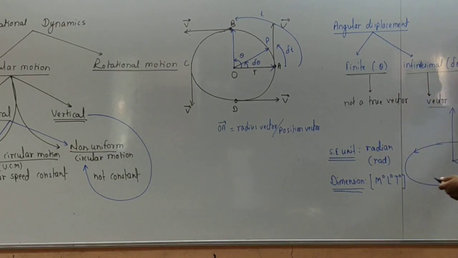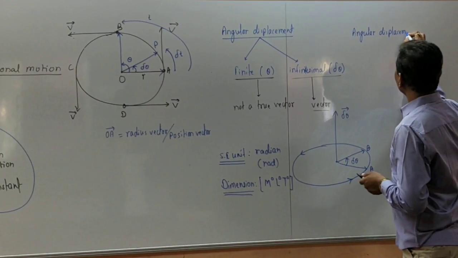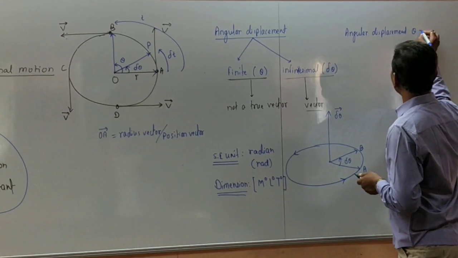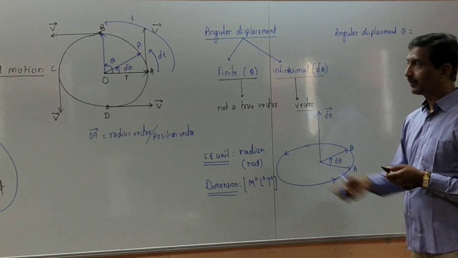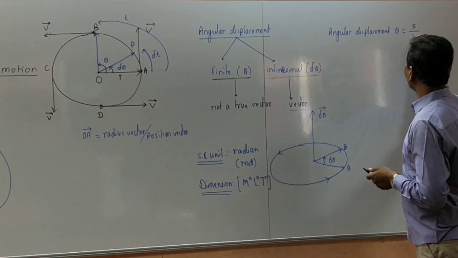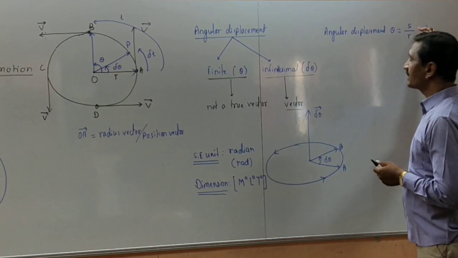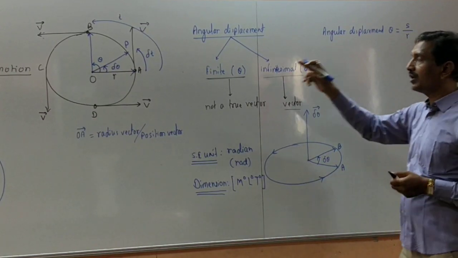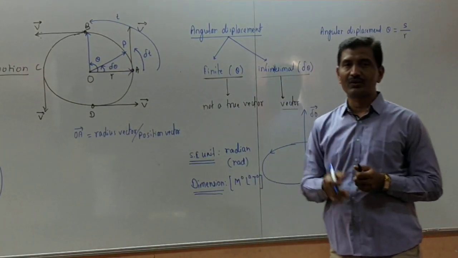By using that, we get the formula for angular displacement: theta is equal to S upon R, where S is the length of the arc and R is the radius.